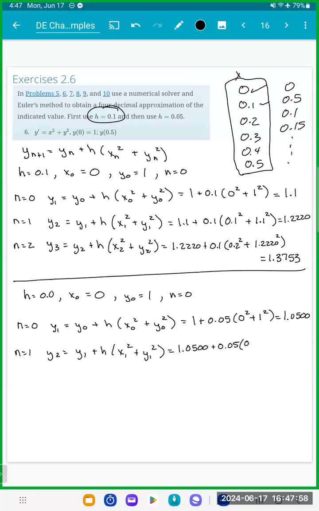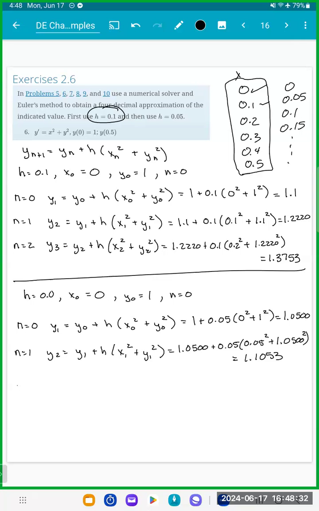So this first one is 0.05. Okay. So that is 0.05 squared plus my 1.0500 squared. And that's going to give me a value of 1.1053. Okay. You could do that.